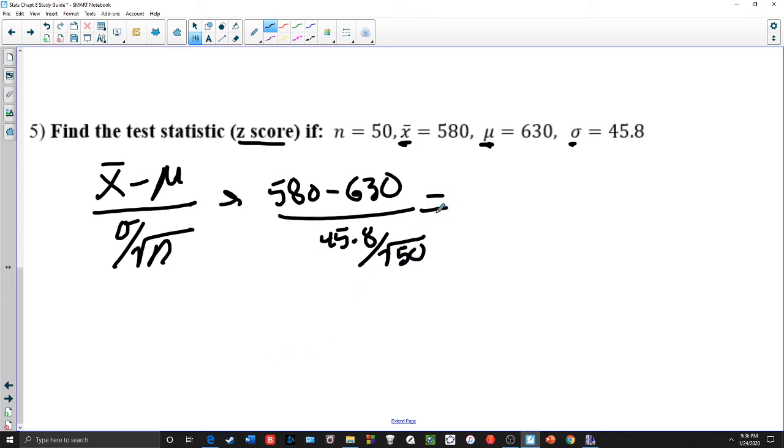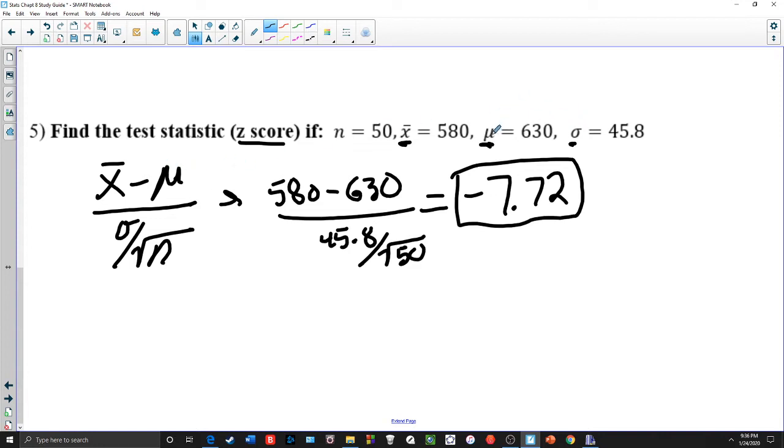And then we plug that in, and we end up getting negative 7.72, and that's all we have to do. It doesn't ask for a p-value or a critical value, so that's it. And this is just a simple plug and chug problem. Find your formula, take your variables, plug in the numbers, chug out an answer.